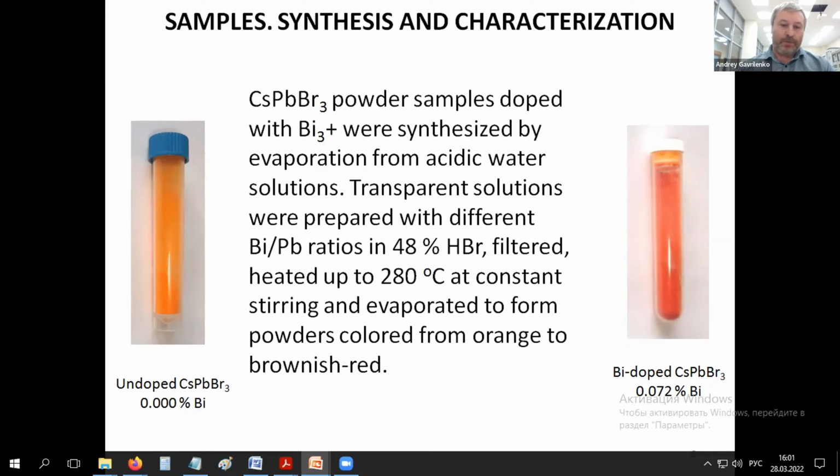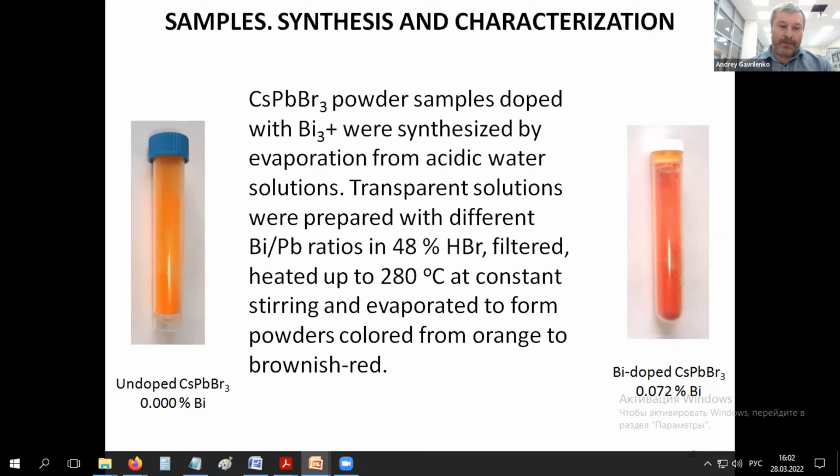The solution was heated at 28 degrees centigrade until the powder appeared. Then the resulting precipitate was collected using a filter. The residue was washed with a small amount of HBr, and the unreacted agent was removed.